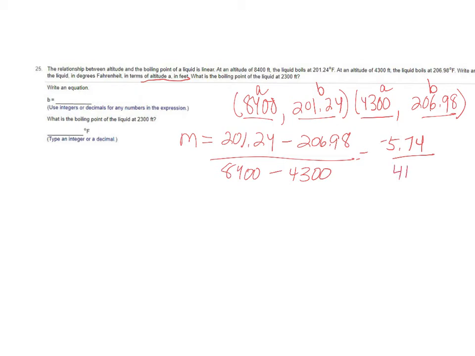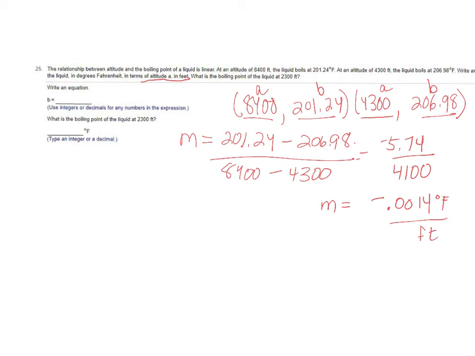And we're going to have 4100 there. If we take and divide that out, we're looking at a slope of negative 0.0014, and that would be in degrees Fahrenheit per foot.